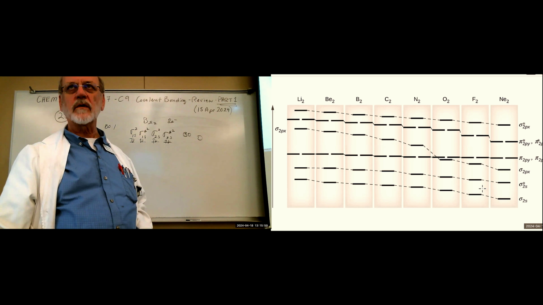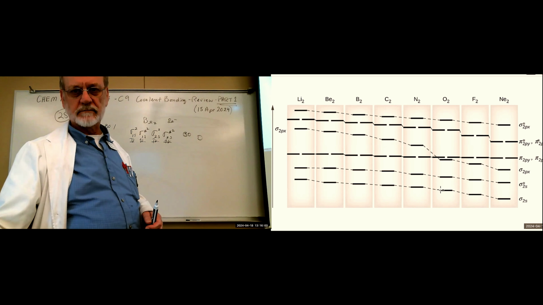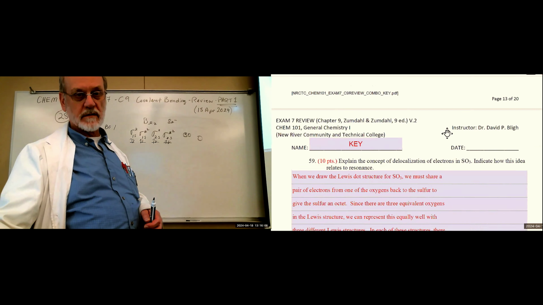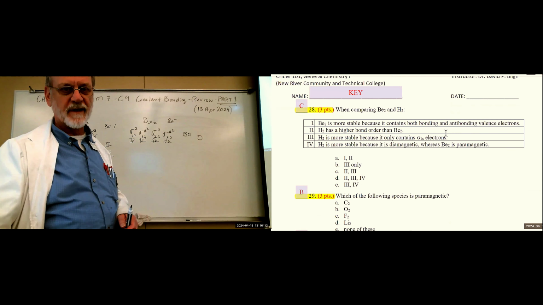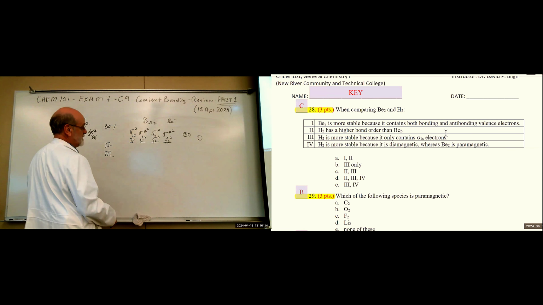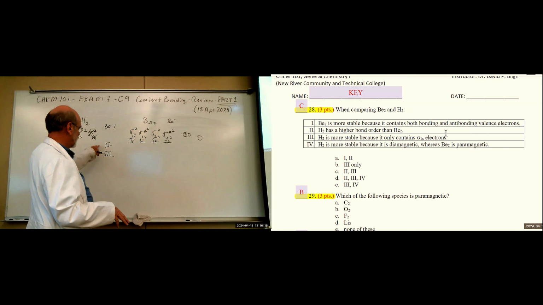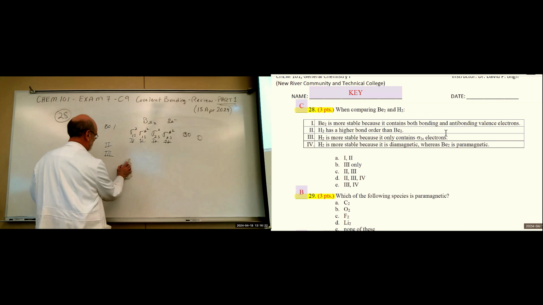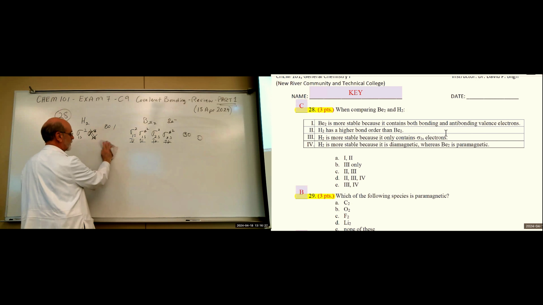Yeah, that's the right order. Okay. Let's go back up to 28. There we go. All right. So theoretically, 2 and 3 are true. But if it were up to me, I'd say Be2 can't exist anyway.